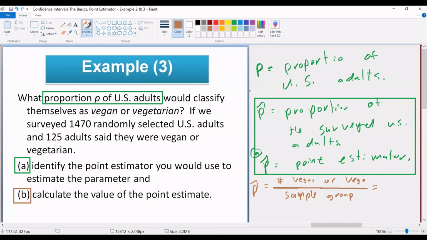In this case, we're going to get 125 over 1,470. And if we're to punch this into a calculator, we should get something close to 0.085.